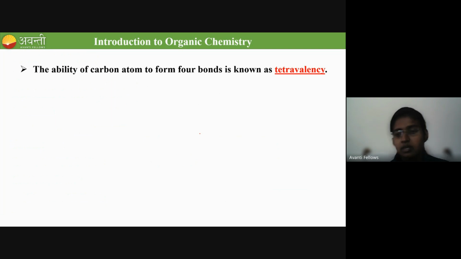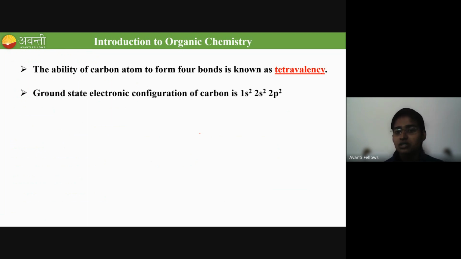Can JNV Ramnagar students try the answer for this question? One is tetravalency, because the ground state electronic configuration of carbon is 1s2 2s2 2p2. So there are 4 electrons in the valence shell of carbon, and that's why carbon forms 4 bonds, right? So this is the first reason.